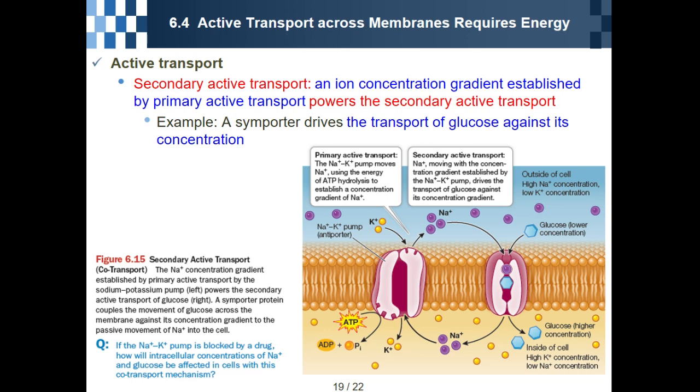They transport two things together. At that time, glucose can be moved against the concentration. So this is an example of the sodium gradient driving the transport of glucose against its concentration, but they did not use the ATP.